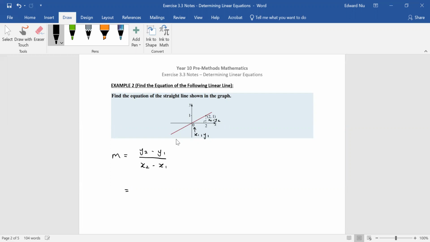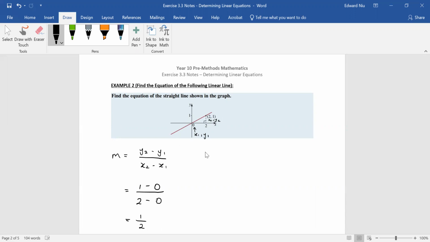We know y2 is 1. We know y1 is 0 because the line's crossing the origin. We know x2 is 2. And then we know x1 is 0. So we get our rise over run of 1 on 2.